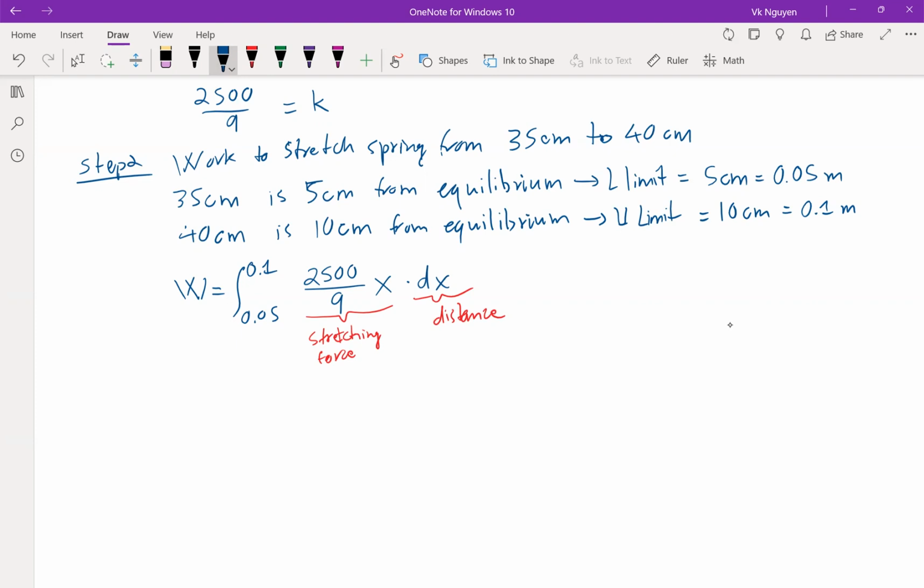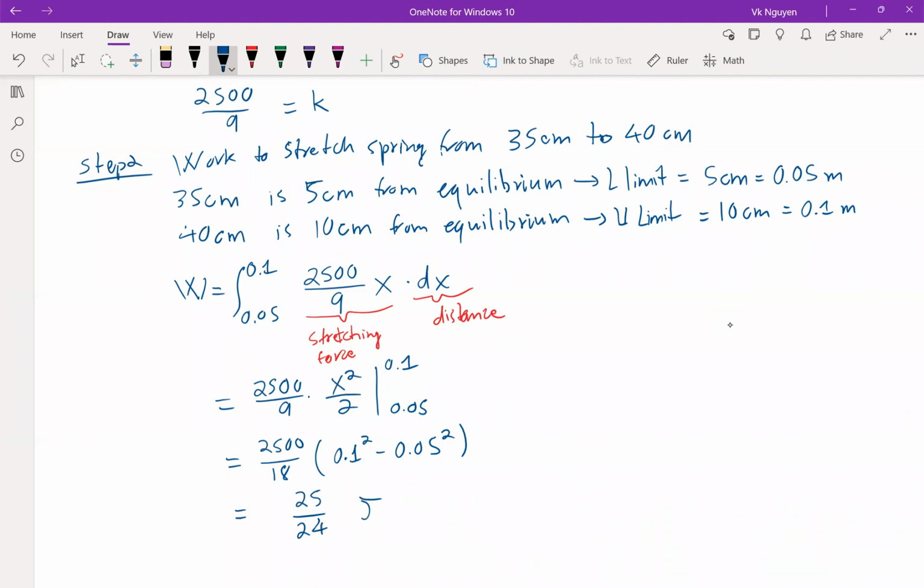Ta-da! Wow, amazing, huh? So 2500 over 9 times x squared over 2, evaluated from 0.05 to 0.1, which is 2500 over 18 times 0.1 squared minus 0.05 squared, and this would give us 25 over 24 joules. Amazing.